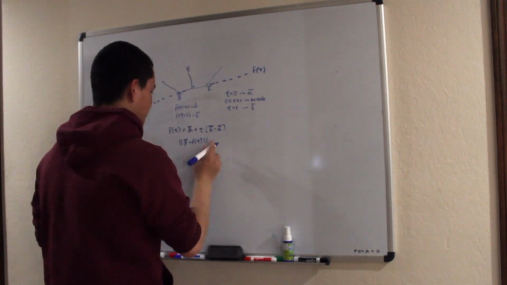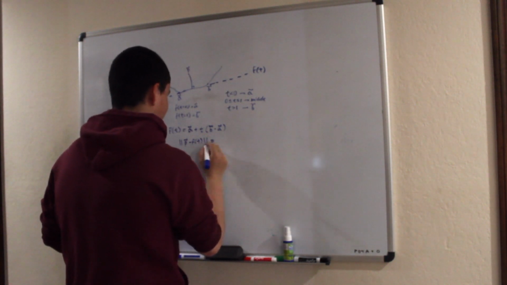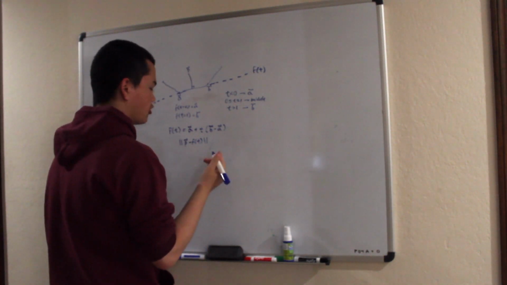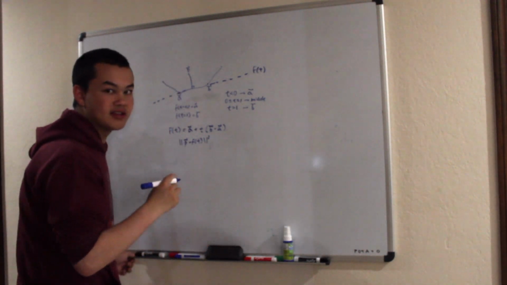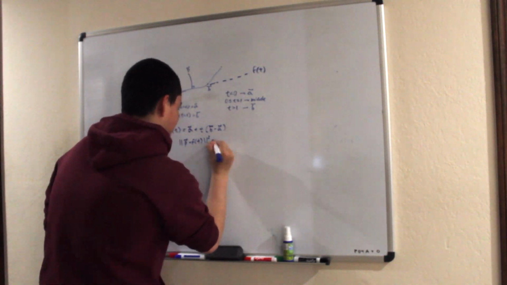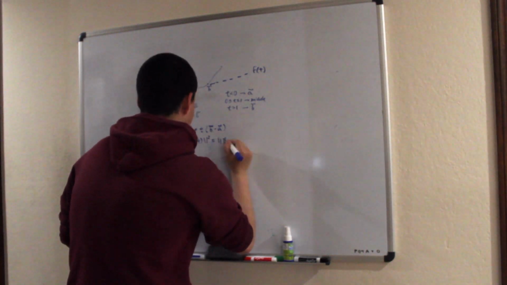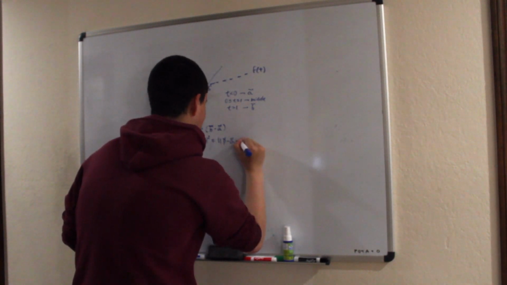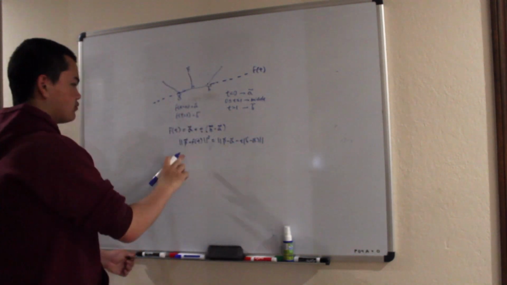We want to find the t which minimizes this. If we write this out, this is going to be a quadratic in t. But instead of minimizing this, we'll actually minimize this squared, because the Euclidean norm squared is easier to deal with. So if we calculate this out, we'll get the norm of p minus f of t, which we defined here, so p minus a minus t times (b minus a). Now let's write out the components.